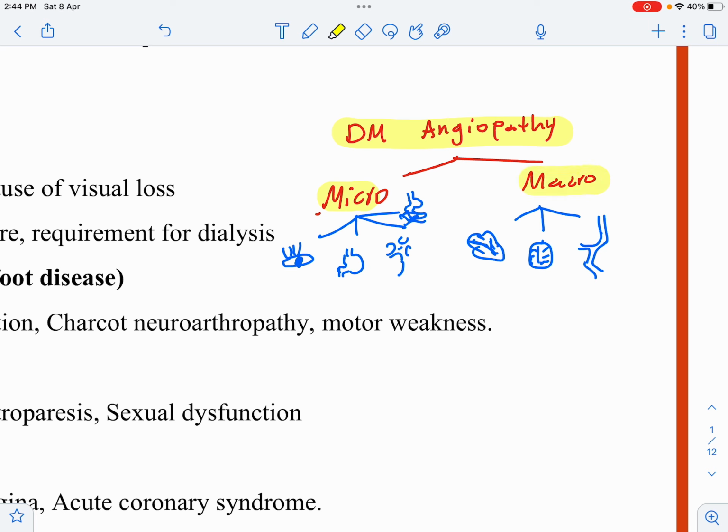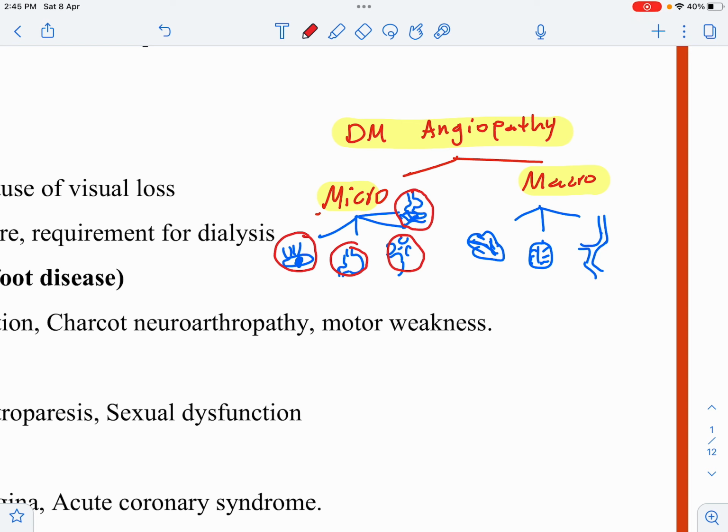The microvascular complication includes retinopathy, nephropathy, peripheral neuropathy, and autonomic neuropathy.